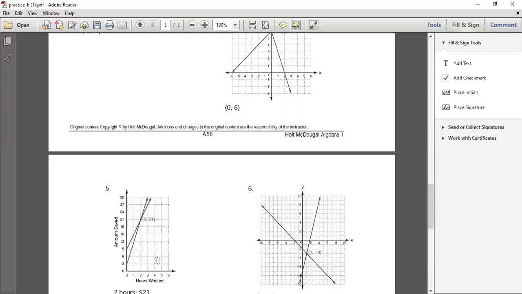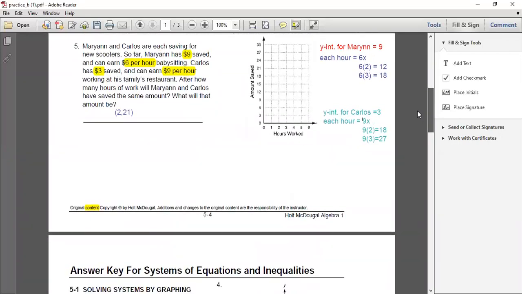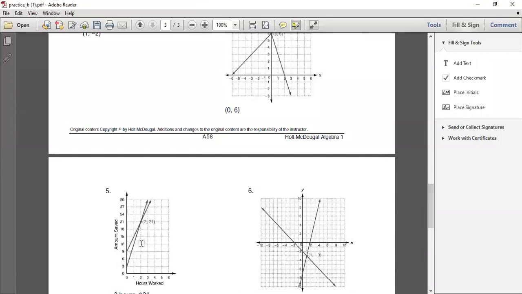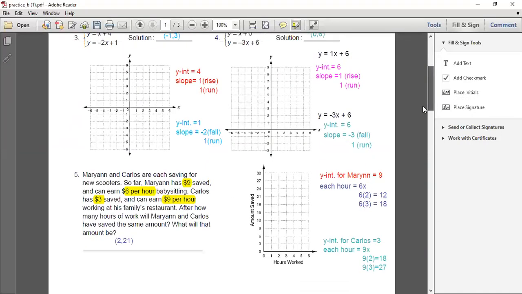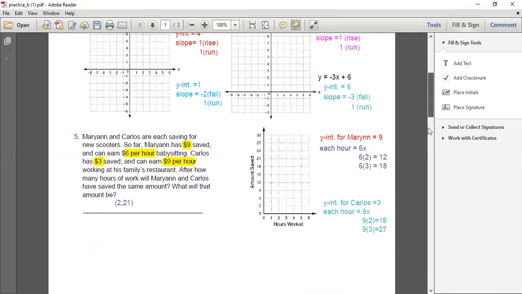If in 1 hour she's earning 6, then for 2 hours, it's going to be 12, right? And so on. If you draw the graph like that, they will meet at a point where it's going to be 2 and 21. So your solution for this graph is going to be 2 and 21.